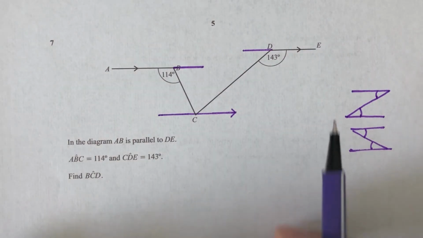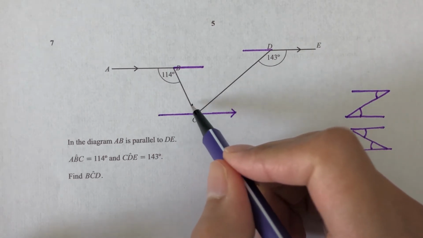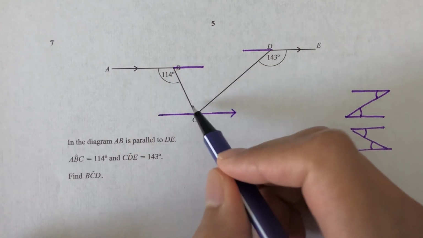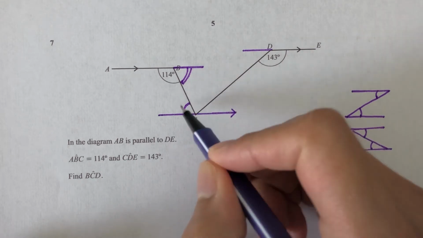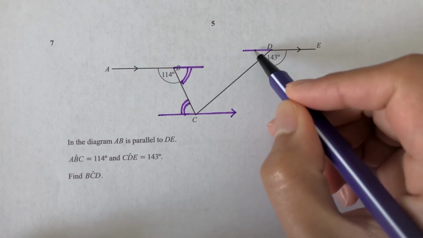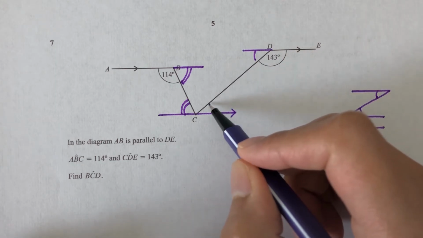Okay, so we have the Z shape here, which means this one will be equal to this one, and this shape will be equal to this shape, right?